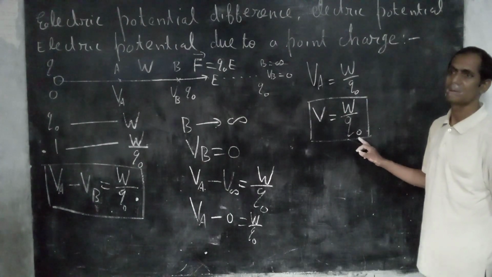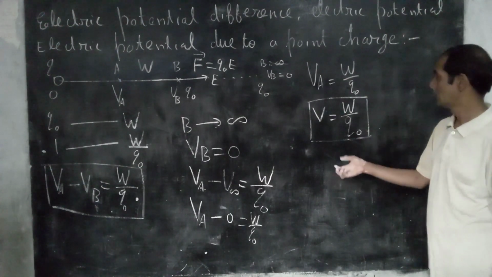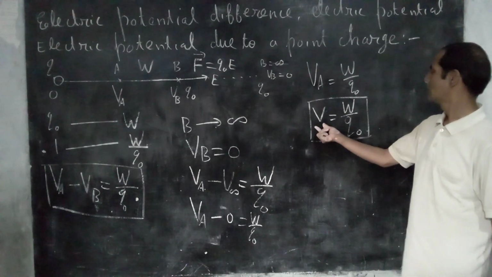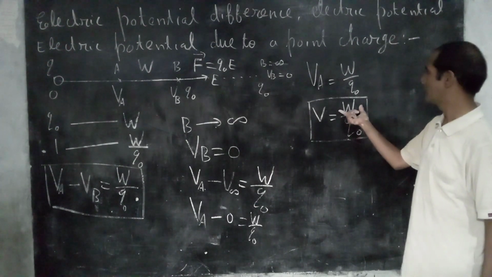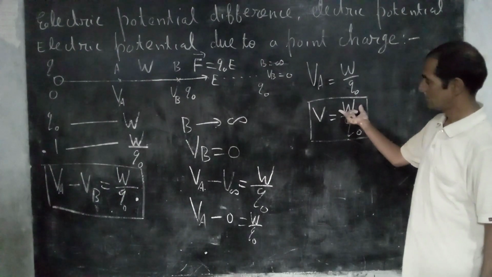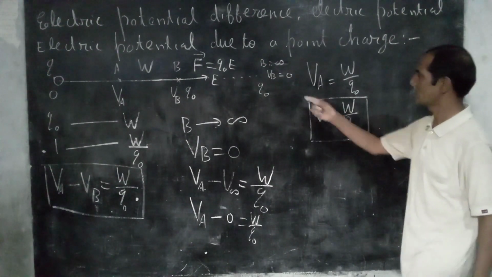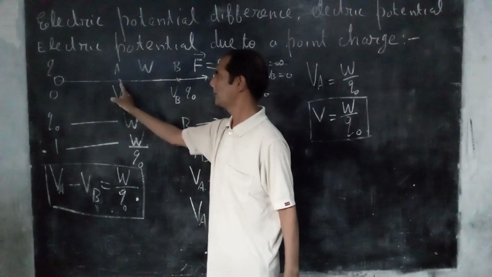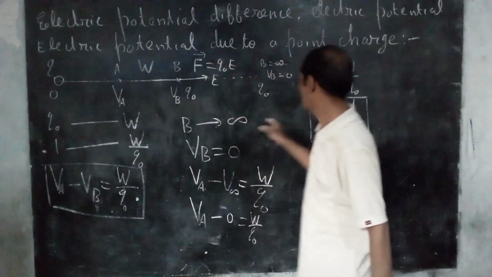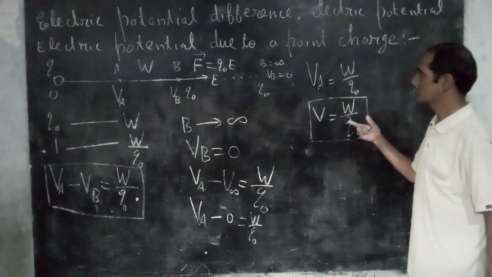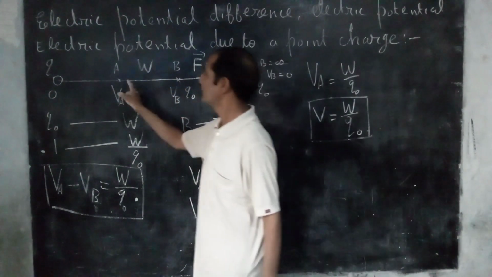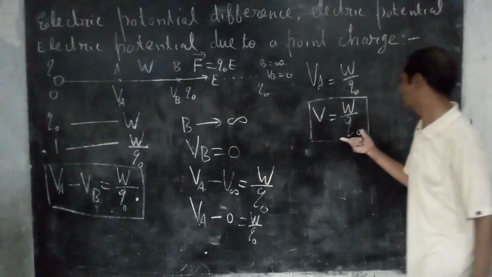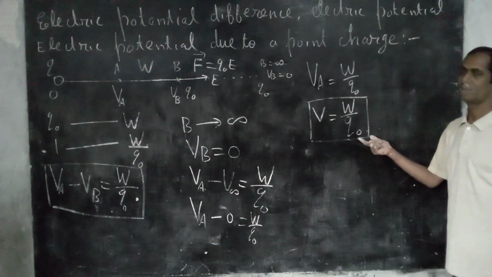So how do you define electric potential at any point? The amount of work required to bring unit positive charge from infinite to any point inside the electric field is known as the electric potential of that point.